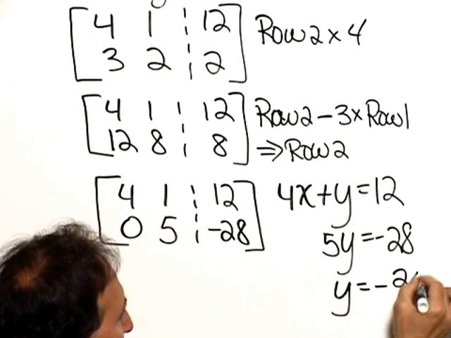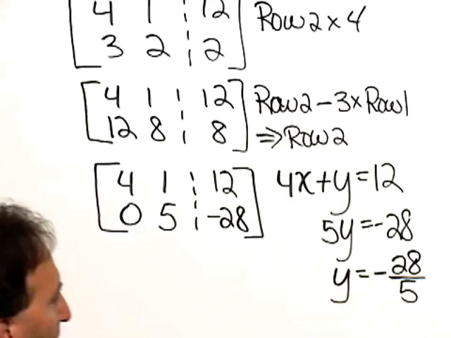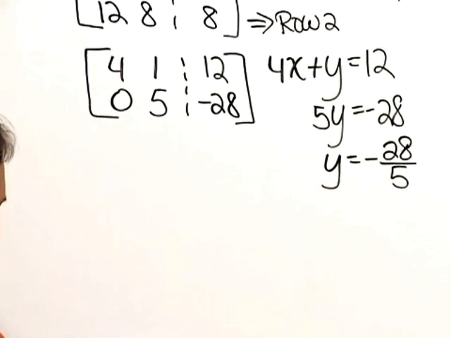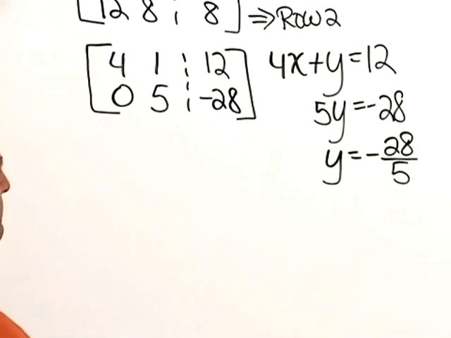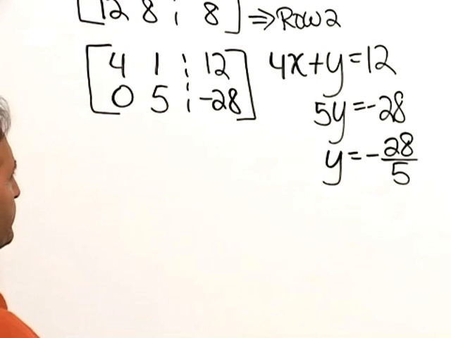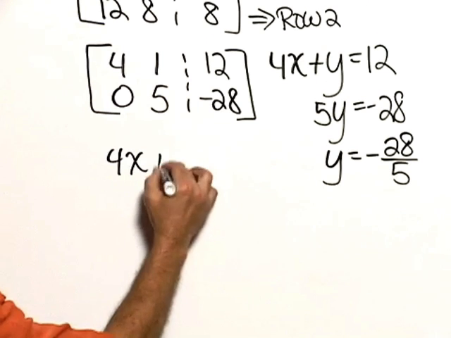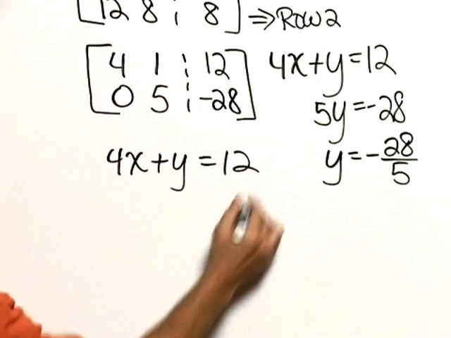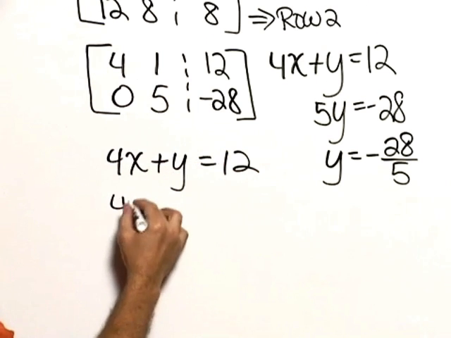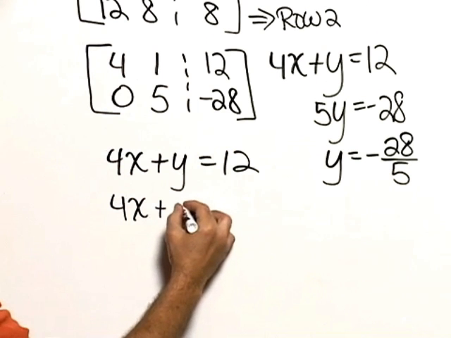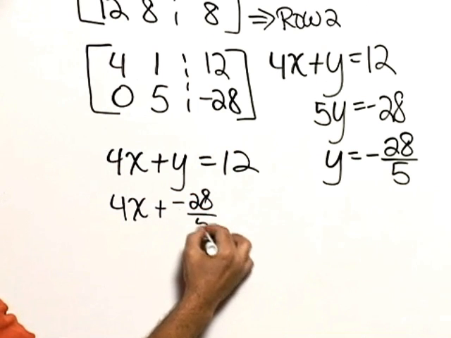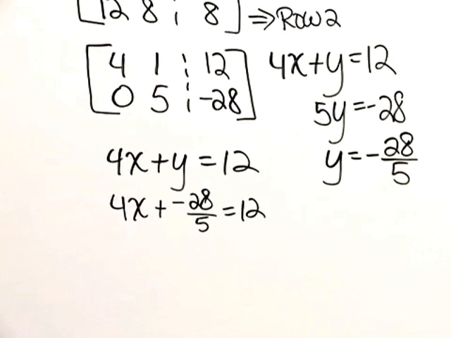Y is equal to negative 28 over 5. Now we can take that value of y and substitute it into the first equation, 4x plus y equals 12, and solve for x. So 4x plus negative 28 fifths equals 12.